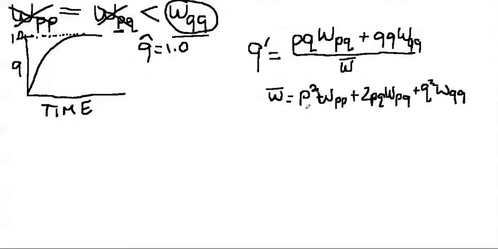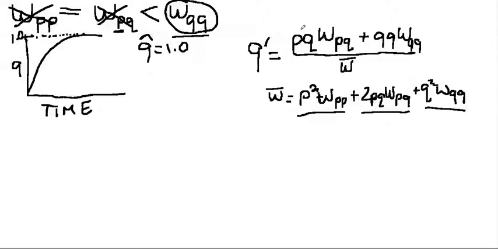So remember, all we're doing here is this is what's happening to the PP genotypes based on what their fitness is. This is what's happening to the heterozygotes, the PQ individuals, based on what their fitness is. And then this is what's happening to the Q squared individuals, or the A2 individuals, based on what the fitness for them is.